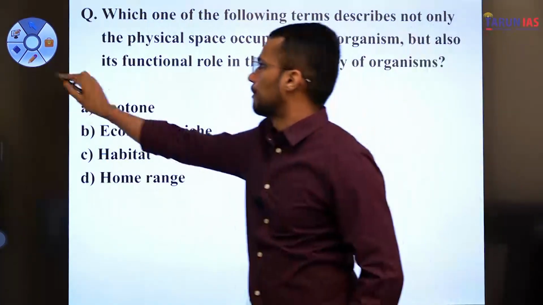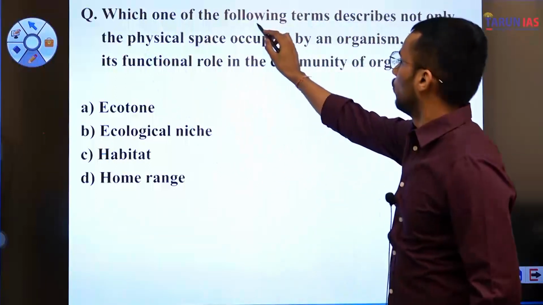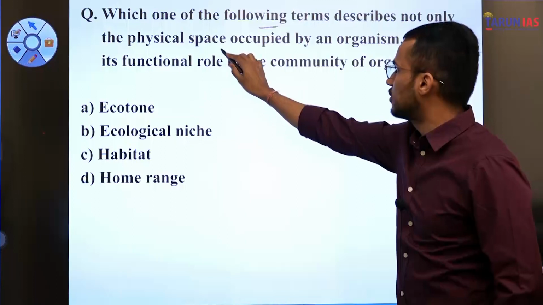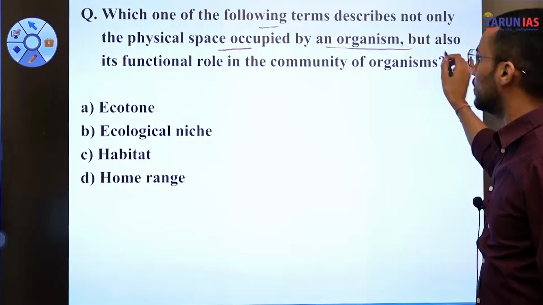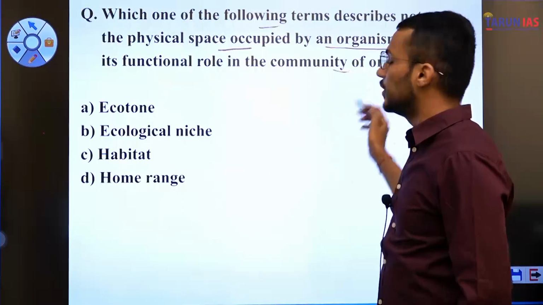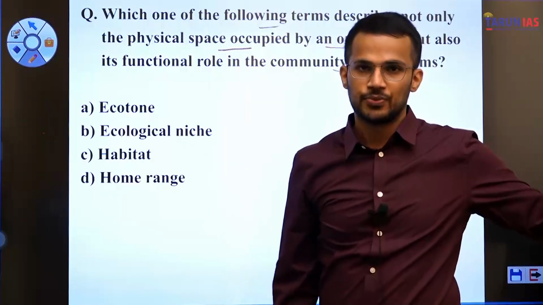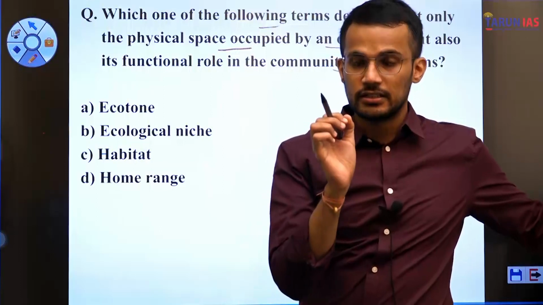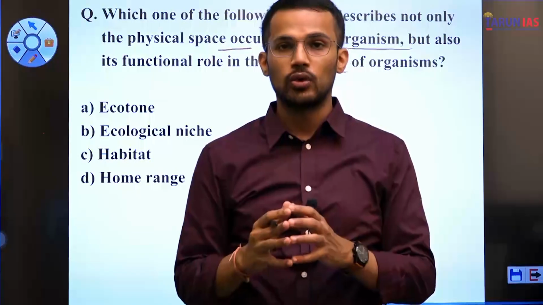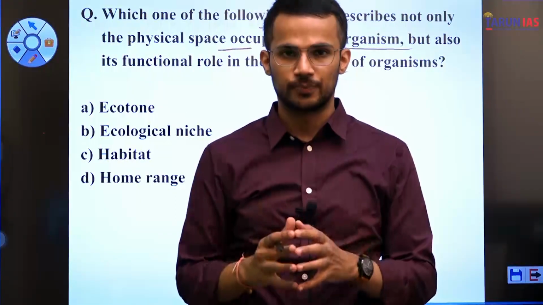Next question is, which one of the following terms describes not only the physical space occupied by an organism but also its functional role in the community of organisms? So what is the term that tells us about the functional role as well as position?